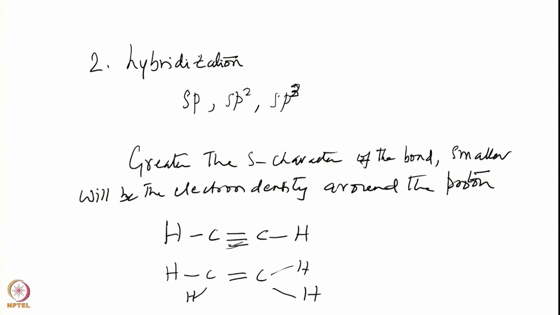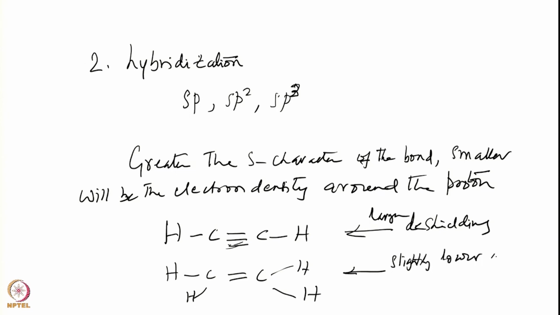Therefore, if the electron density is lower, that means more de-shielding here, larger de-shielding, and here slightly lower de-shielding, and if I have CH3, lowest de-shielding.